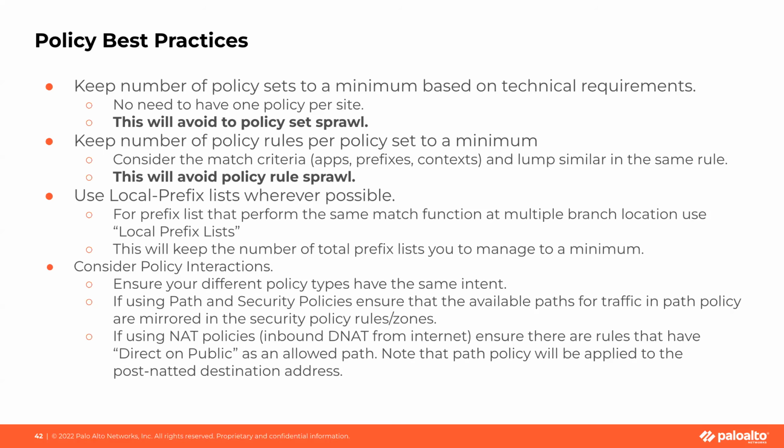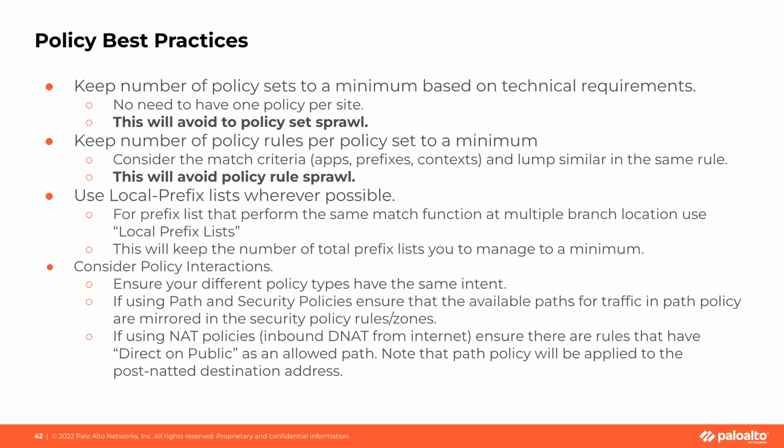So if I have a path policy rule that says send my guest traffic to the internet, or on a direct path to the internet, but my security policy isn't in line with that, and there is not a rule in the security policy to permit traffic from guest to my direct path, then this is not going to work, because the security rule is going to block the traffic from the guest to the internet, even though the path policy tells me I should send it to the internet. So you just have to consider, when you're building path and security policy rules, that the intent of the two policy sets are in line with each other.